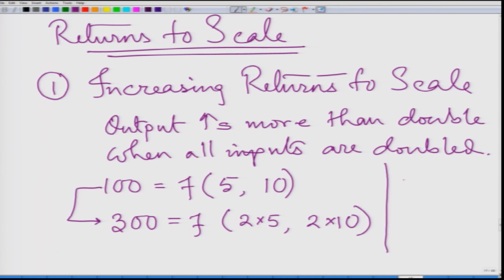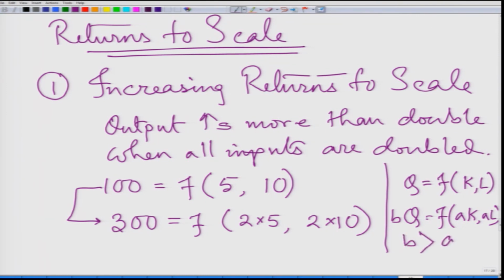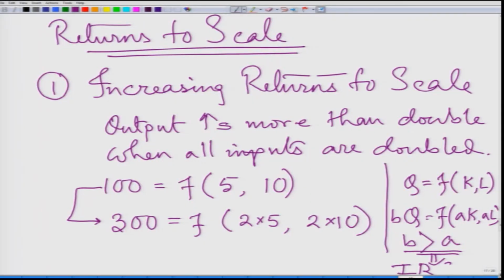I can write it like this: if Q equals a function of capital and labor, and I increase my capital and labor by A times, and I observe my total product increasing by B times, then if B is greater than A, that is, if the rate at which output increased is more than the rate of increase of capital and labor, there is an IRS, which is increasing returns to scale.